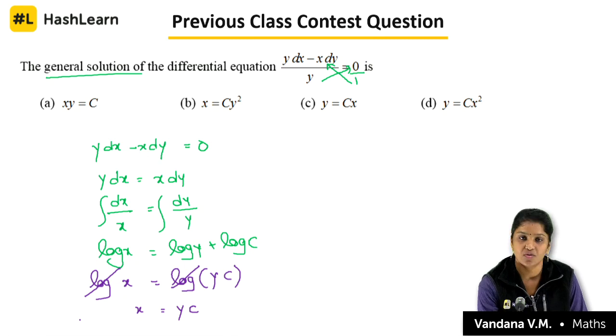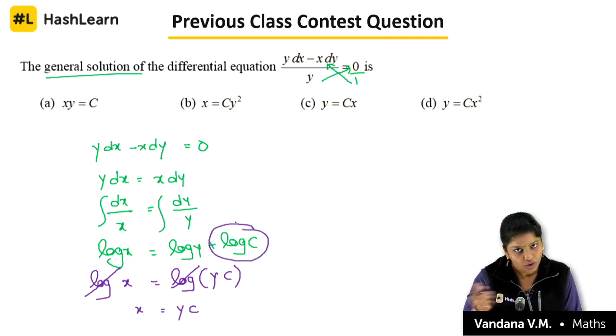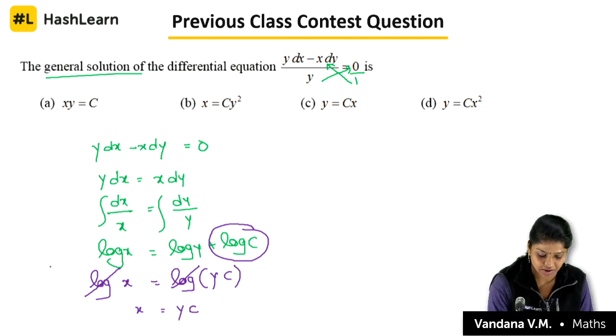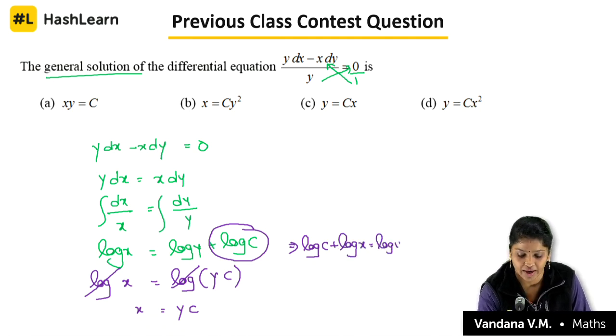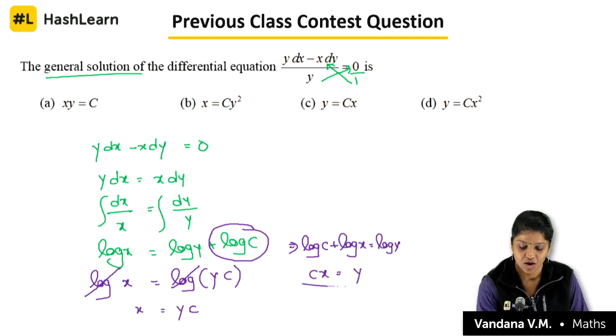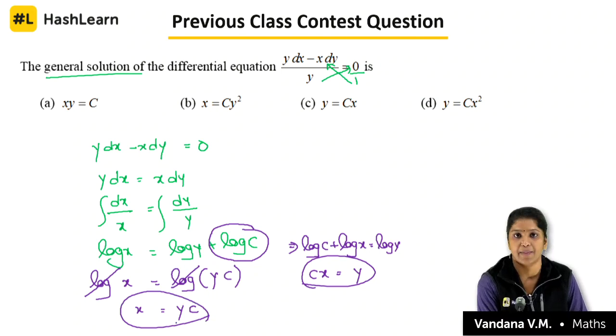That answer is there? No, not there. So that means they did not add log c to this side; they added it to the other side. If I am adding it to this side, what will happen? log c plus log x is equal to log y. Now take out: cx is equal to y, and cancel the log, y is equal to cx. So sometimes this also can happen.